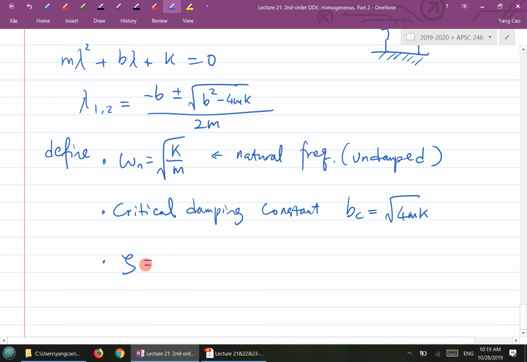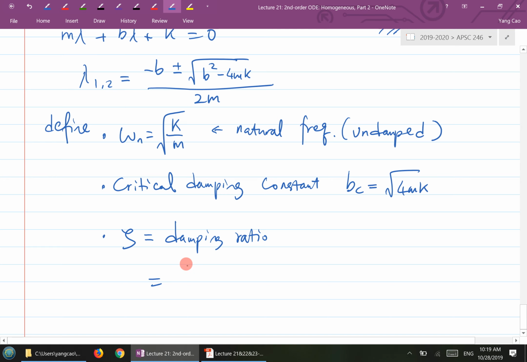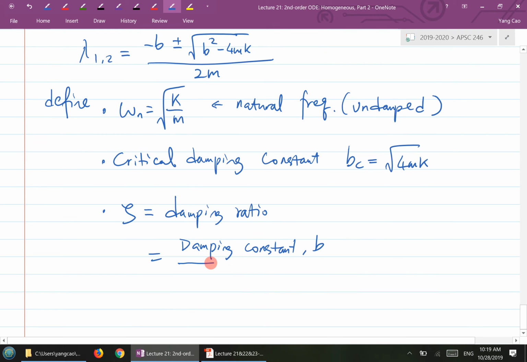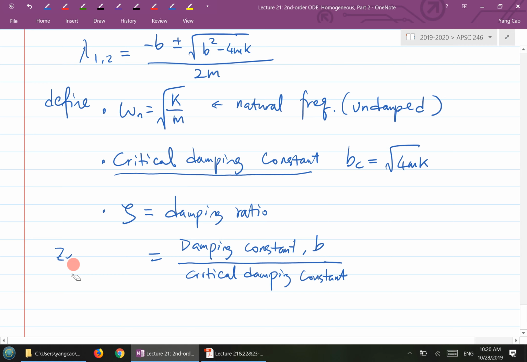This one is called the damping ratio. And the damping ratio is defined as the damping constant, which is the b given by the damper, divided by the critical damping constant. You write it like that.